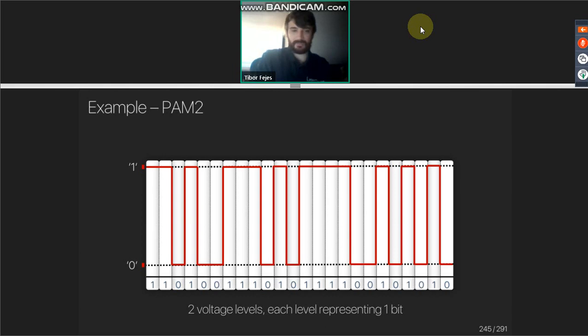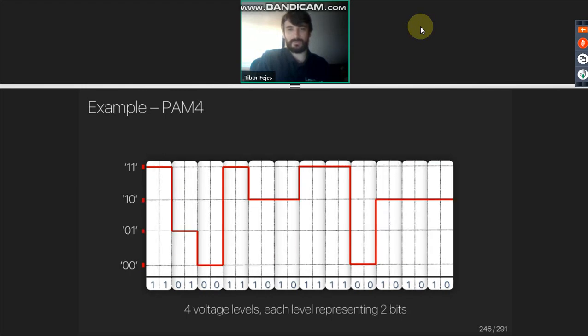But if we take a look at PAM4, here we've now got 4 different voltage levels, and each voltage level represents a 2-bit value. So by increasing the number of voltage levels, each one represents more information. Effectively, with the same clock speed, we're sending more information. We don't need to swing quite as fast between these different voltage levels because each one itself is actually representing more information.